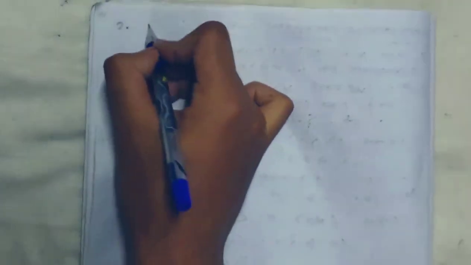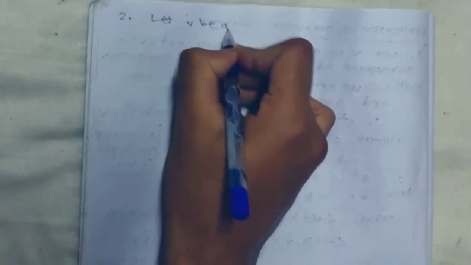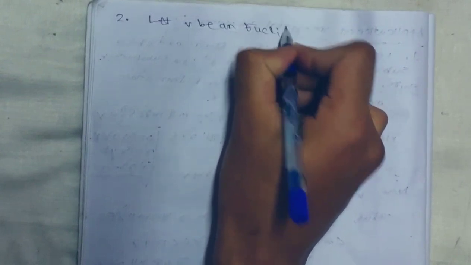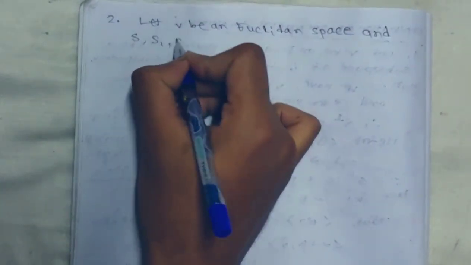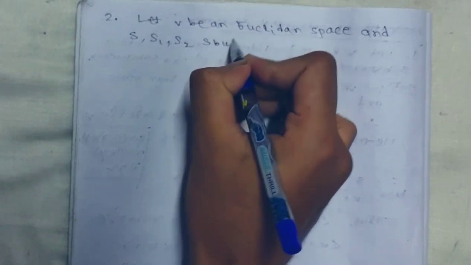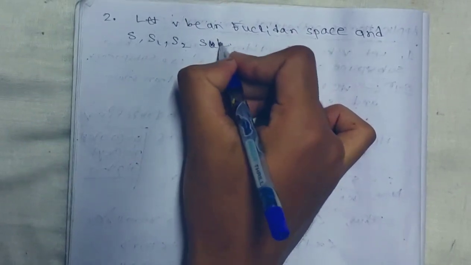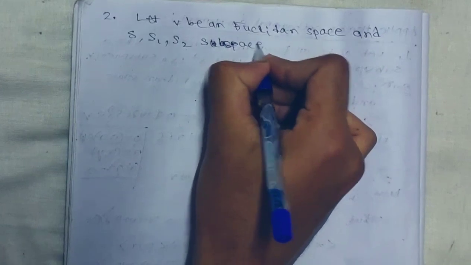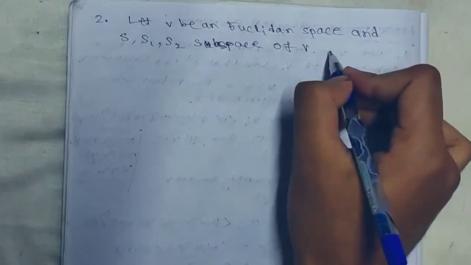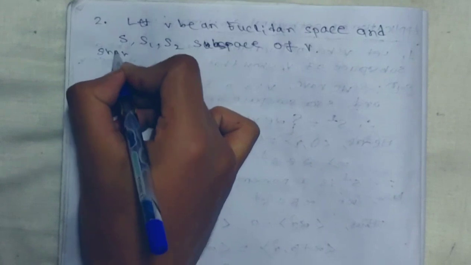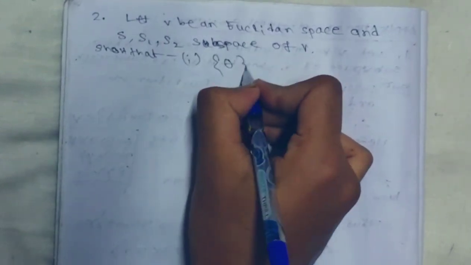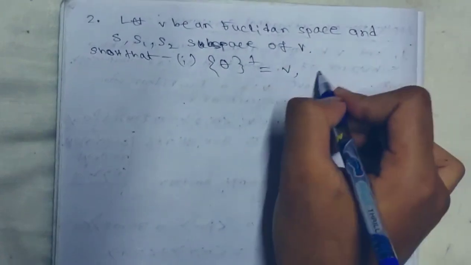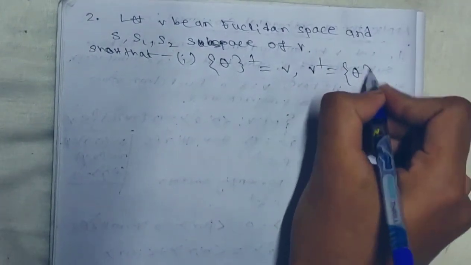Now the second question. Let V be a Euclidean space, and S1, S2 are subspaces of V. Now we have to show that theta bar equals V and V bar equals singleton theta.